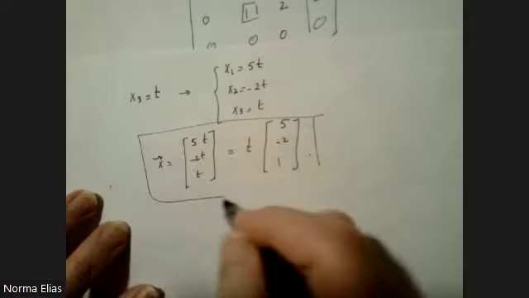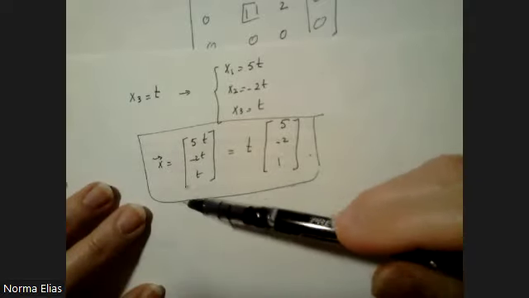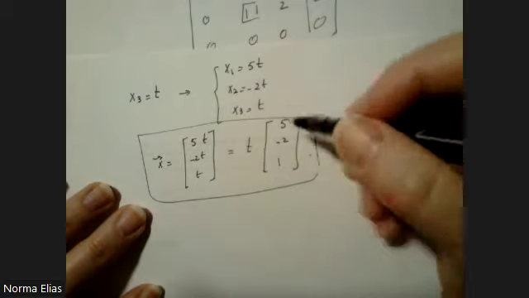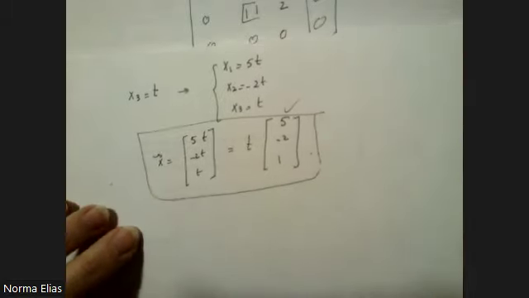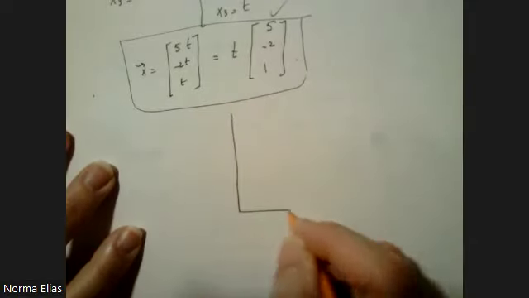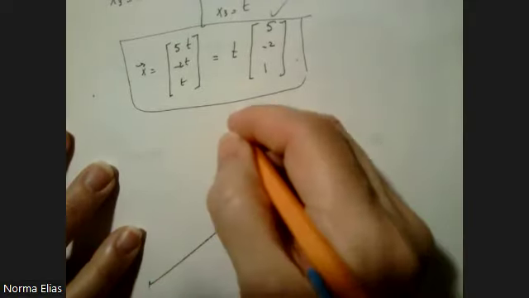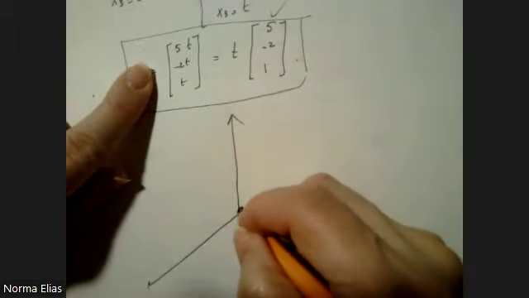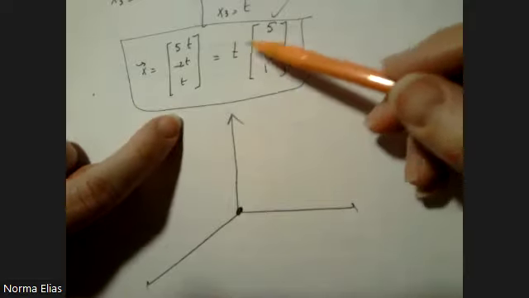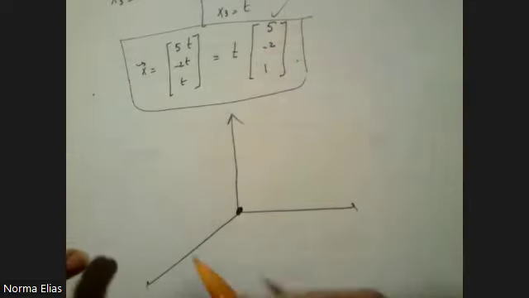It means every solution, every x1, x2, x3 that solves the system, is a scalar multiple of the vector 5, minus 2, 1. Last time we described this geometrically as follows. 0 is absolutely a solution because I set t equal to 0, and every other solution is a scalar multiple of 5, minus 2, 1.